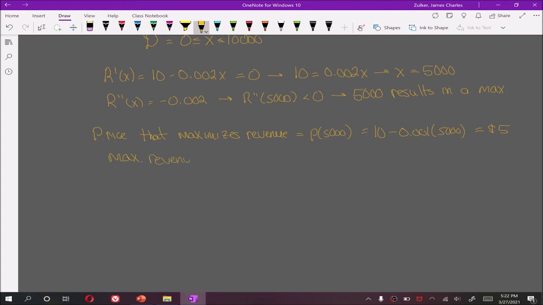The max revenue is that $5 times the 5,000 units sold, and this is $25,000.